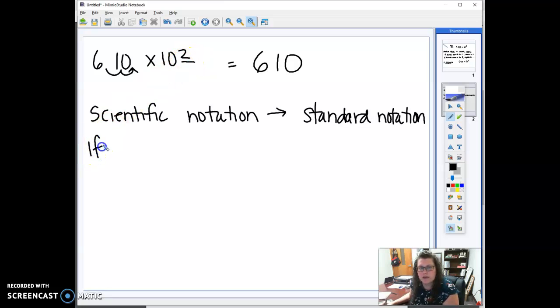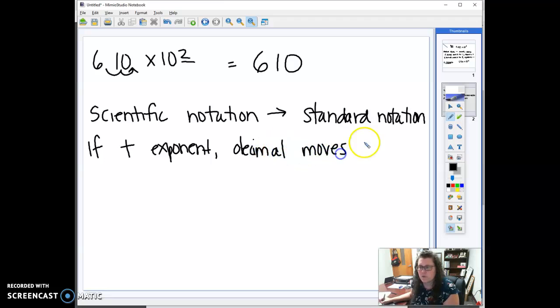So if I'm going from scientific notation to standard notation, if I have a positive exponent, the decimal moves right. Okay, so I had a positive exponent, so my decimal moved 2 places to the right.